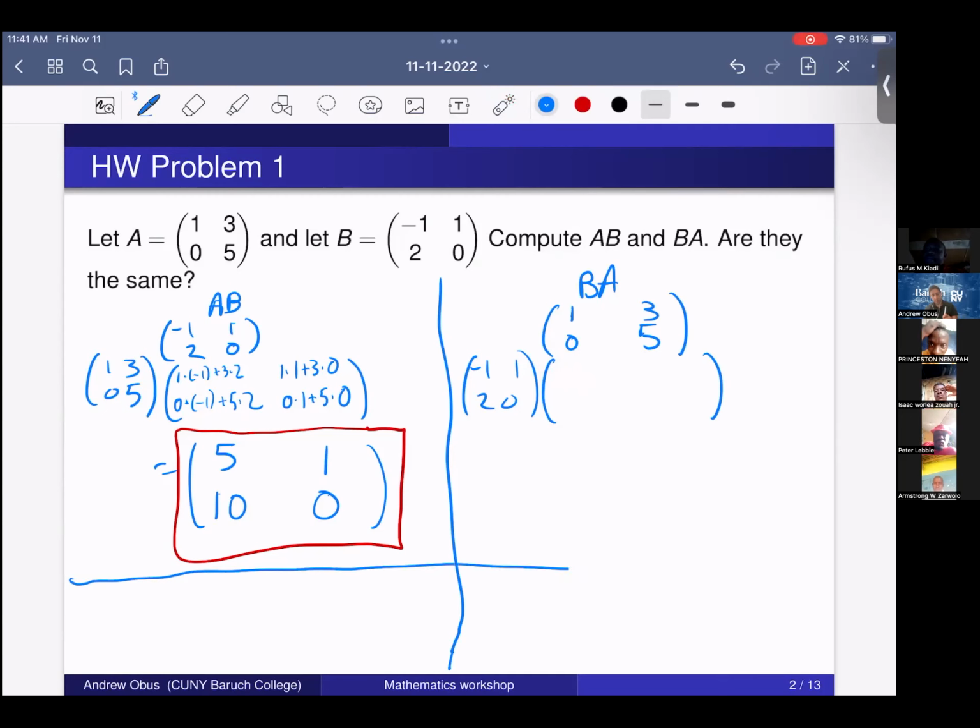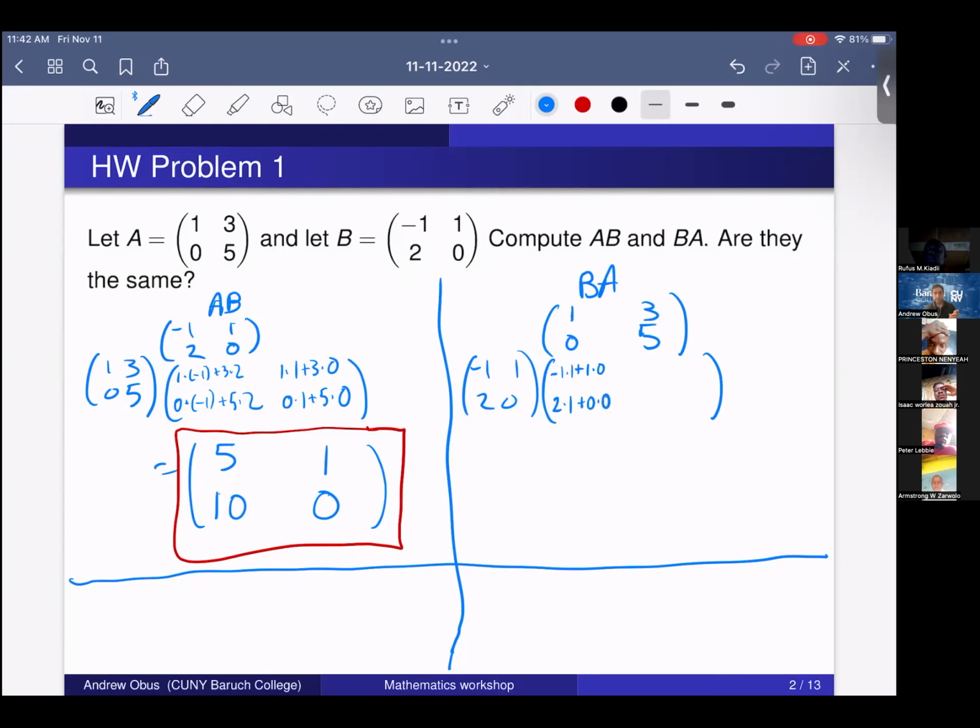Anyone want to give an answer? Yes? Yeah, Princeton. We take the minus 1, we multiply by the 1 that is up there. And we take the 1, we multiply by 0. And we add them, and right? We take the 2, we multiply by the 1. And then we take the 0 and multiply by 0.